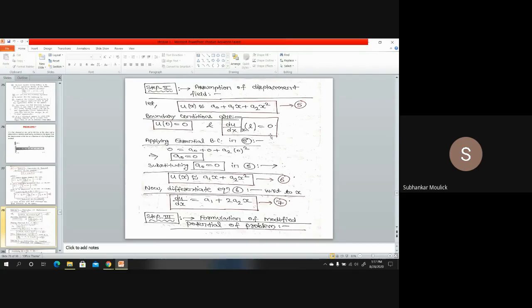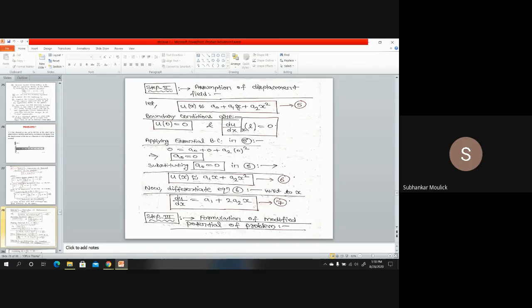I also told you in the last class that in the Rayleigh-Ritz method, the chosen displacement field should satisfy the essential boundary conditions. It may or may not satisfy the natural boundary conditions.